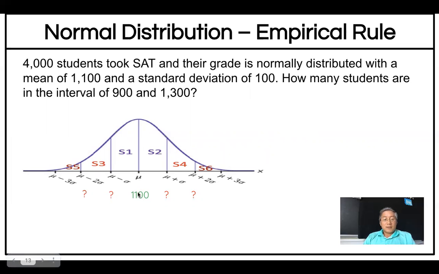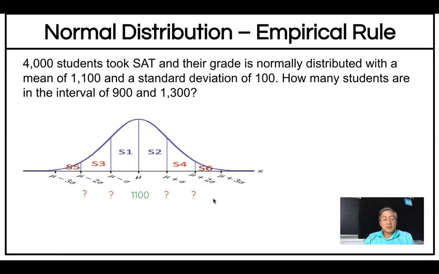And then 900 is here, and then 1,300 is here, this side. But 1,100 to 900 is how many difference? 200, right? 1,300 is 200 more, 200 less, 200 more.